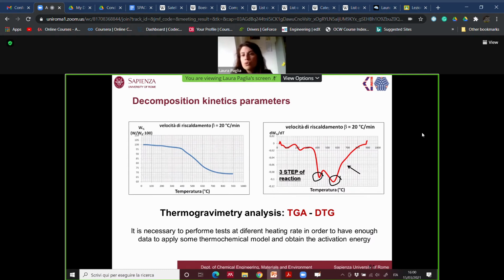And so this could be very important because I know that the energy absorbed by the material during the decomposition is one of the mechanisms which allow for an absorption of energy. Okay, so these parameters are very important to describe the behavior of an ablative material.